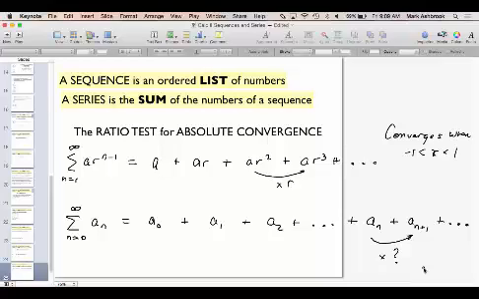So can you form an expression that would represent what you would multiply an by to get an plus 1? So is this an squared? No, you don't know that. We don't know anything about what these terms are like.